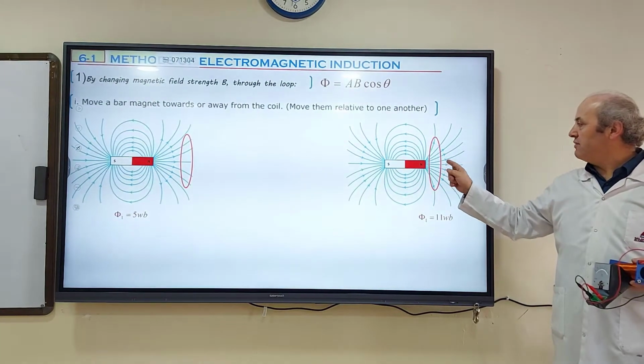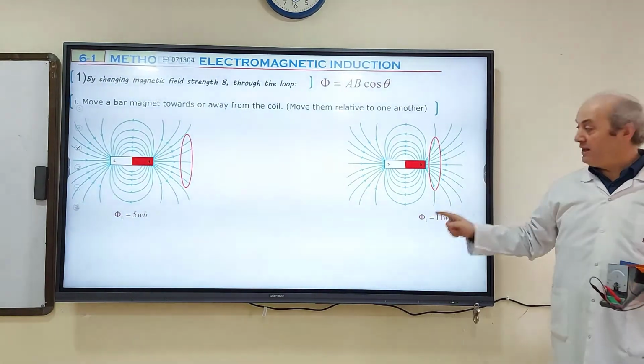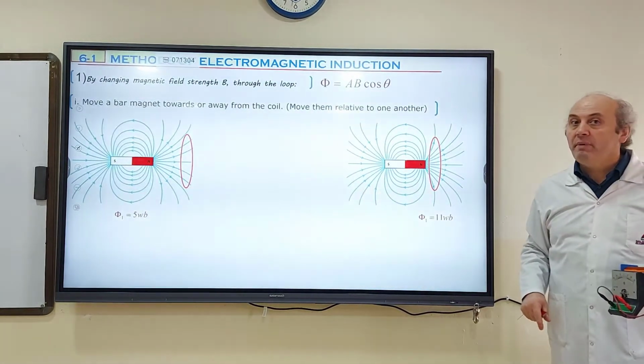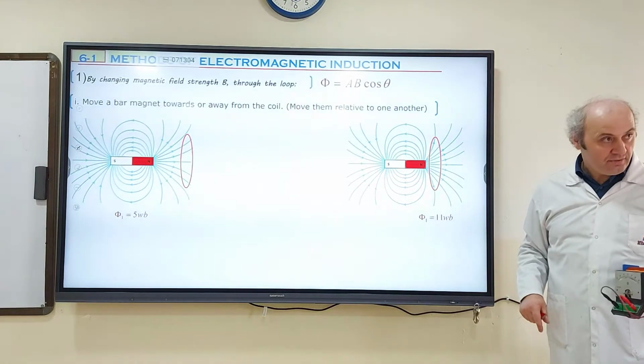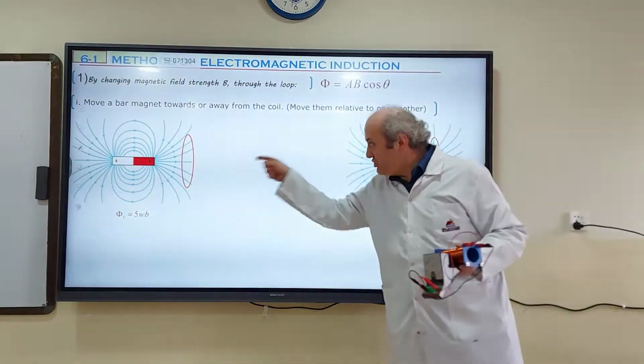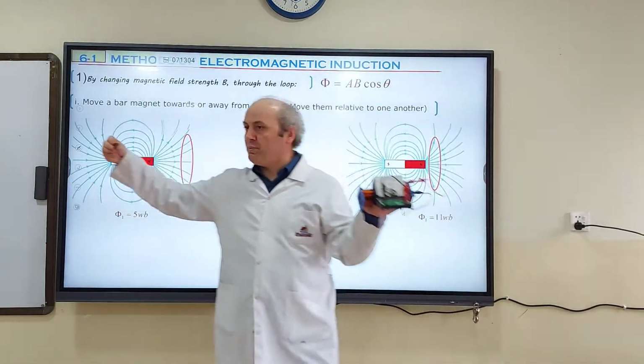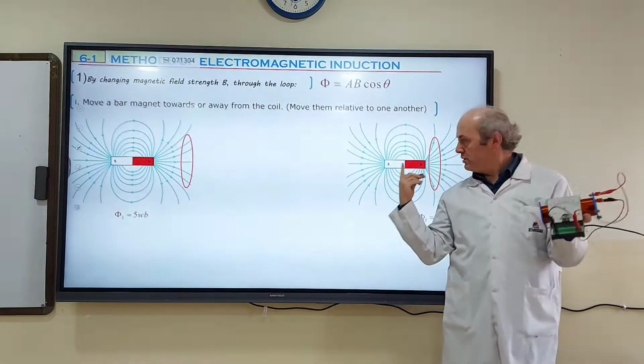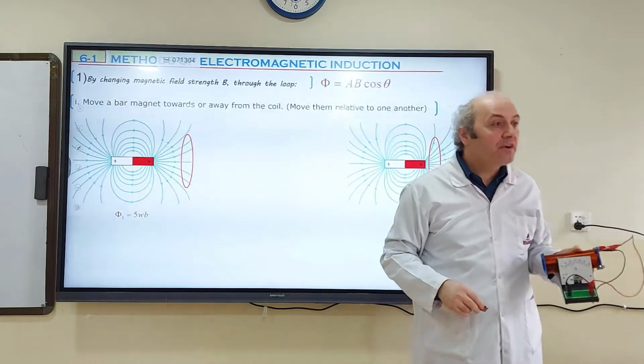Count: 1, 2, 3, 4, 5, 6, 7, 8, 9, 10, 11. Eleven lines cross the area of the loop. So magnetic flux increased, from this position to that position.